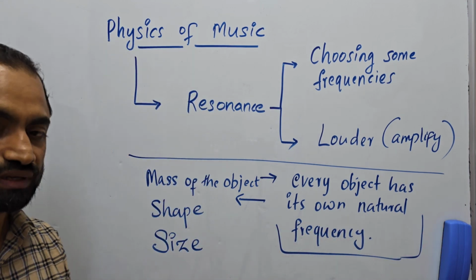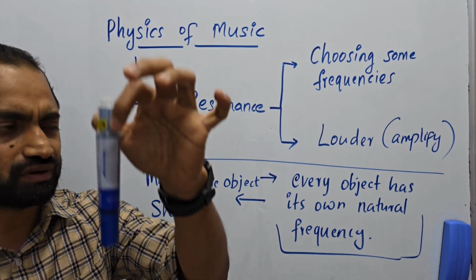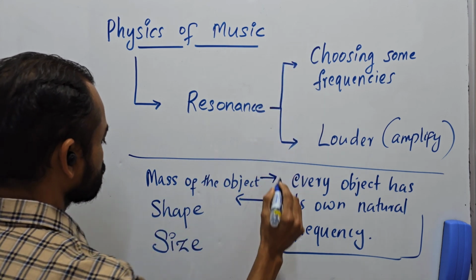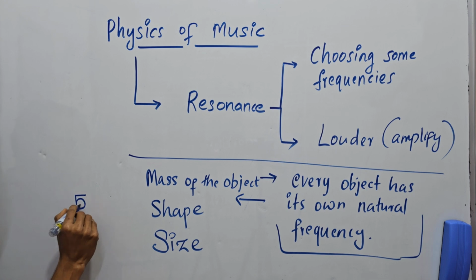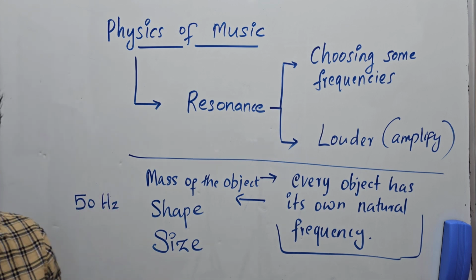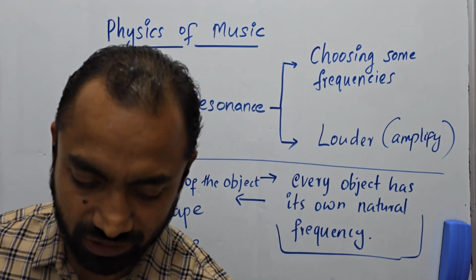For example, this marker has a natural frequency of 50 hertz, and I kept this marker on the table.